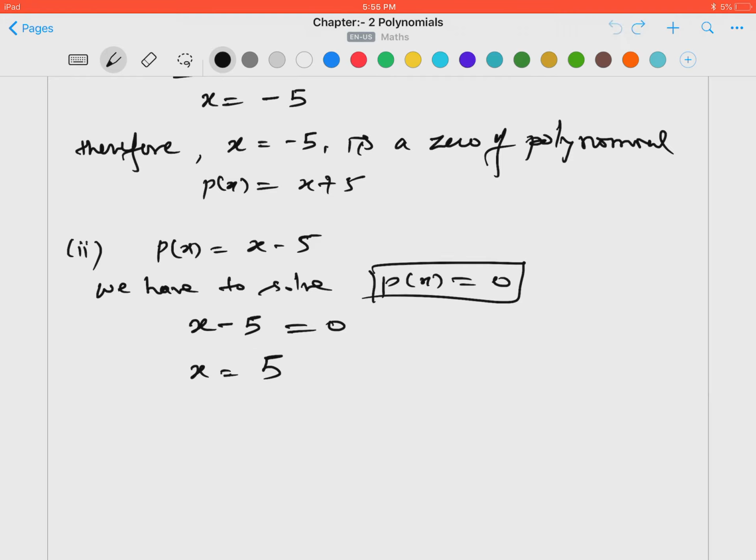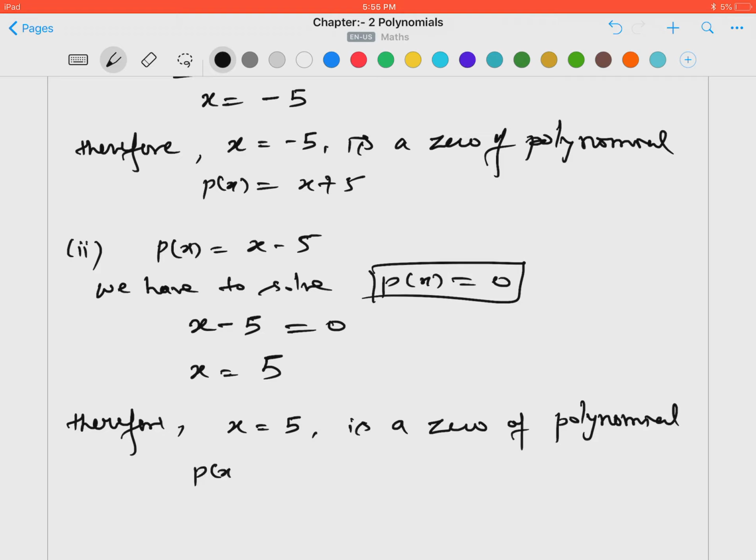That is the solution of this one. Therefore, x equals 5 is a zero of polynomial p(x) equals x minus 5.